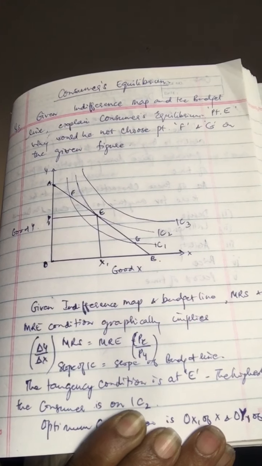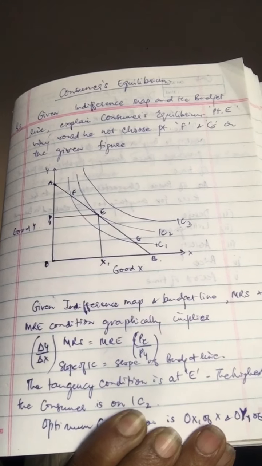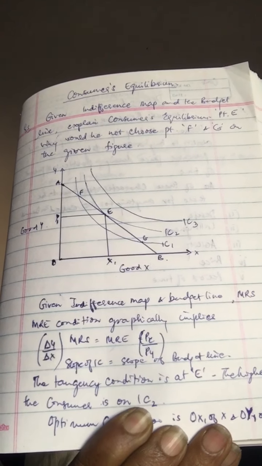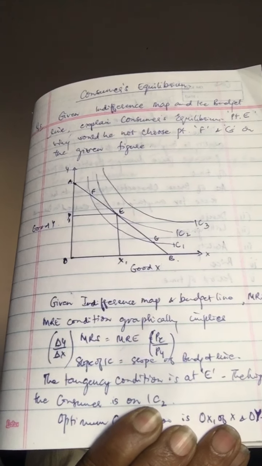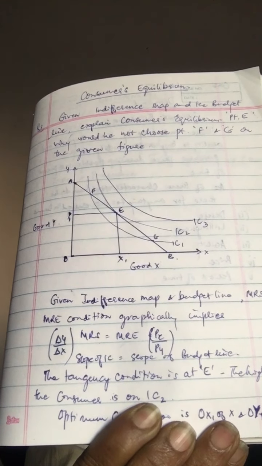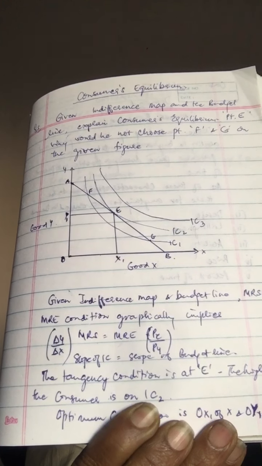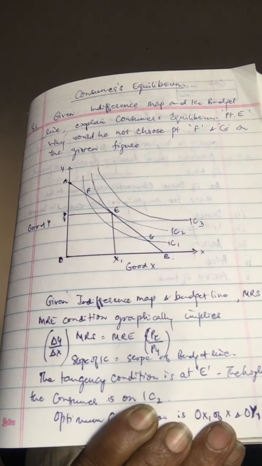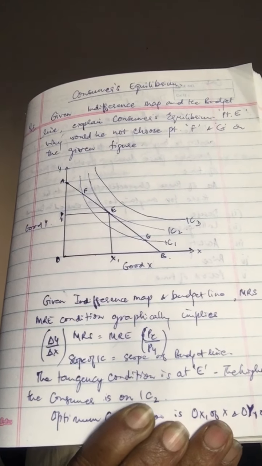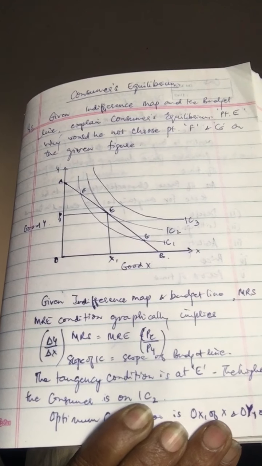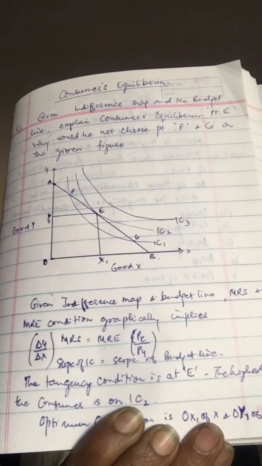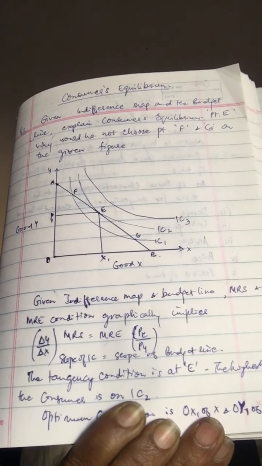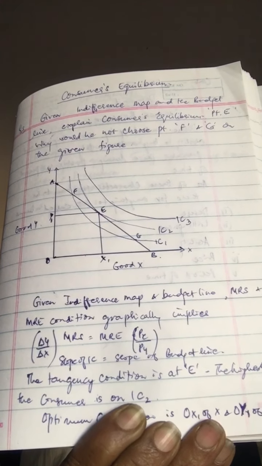What is wrong with combination F or combination G? Both combinations lie on a lower indifference curve IC1, which means lower utility. Why should the consumer choose a lower utility level IC1 when he is conveniently getting a higher utility level at IC2, especially when both cost him the same?